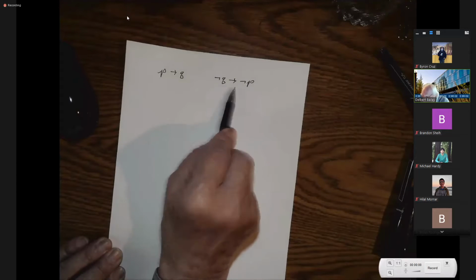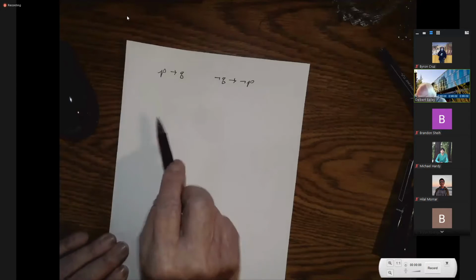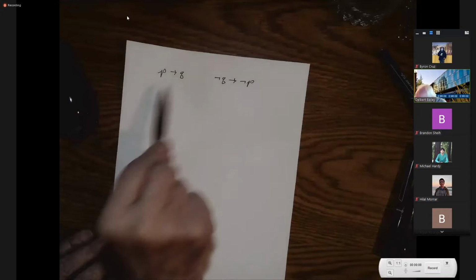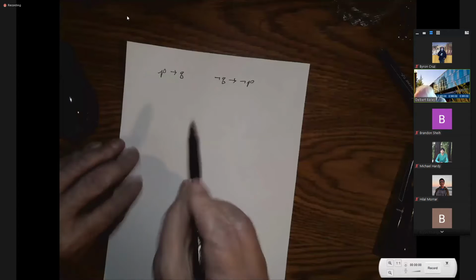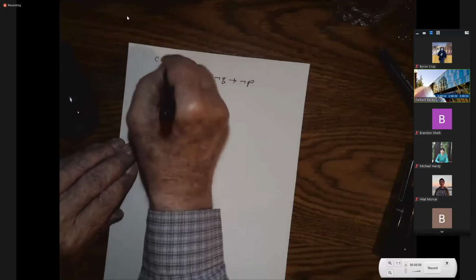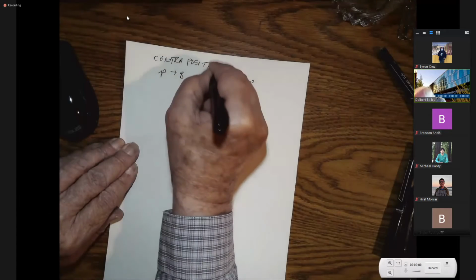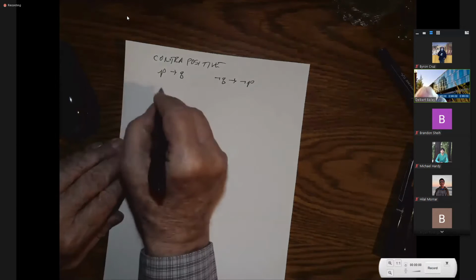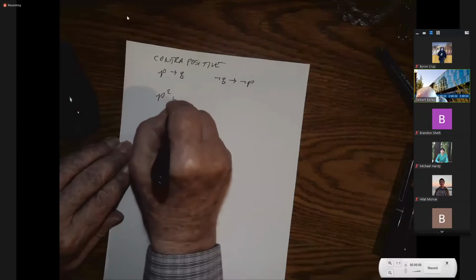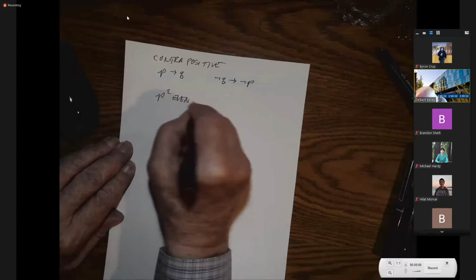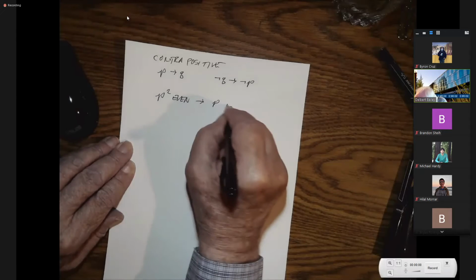This is called the contrapositive. There are cases where it could be difficult or messy to do this, but easy to do this. Let's take a case: p squared even implies p is even.